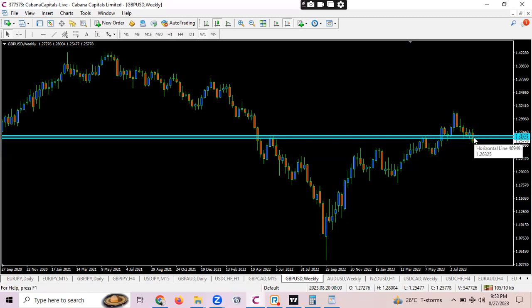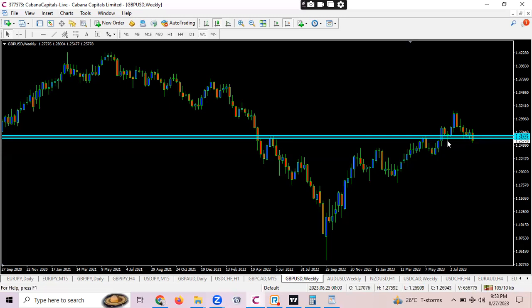Okay, so at what price should we consider buying GBPUSD, and also at what price should we consider selling GBPUSD? Okay, because it could be that this push down that we saw last week could be to hunt for the stop losses at this level.